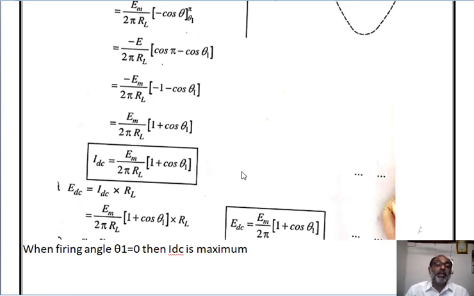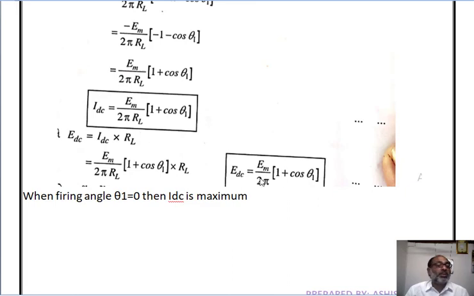Now from that we can find the value of EDC. EDC is nothing but IDC into RL. So just put in the value of IDC. Our equation becomes Em upon 2π RL (1 plus cos θ1) into RL. RL cancels. So EDC is equal to Em upon 2π in the bracket (1 plus cos θ1).